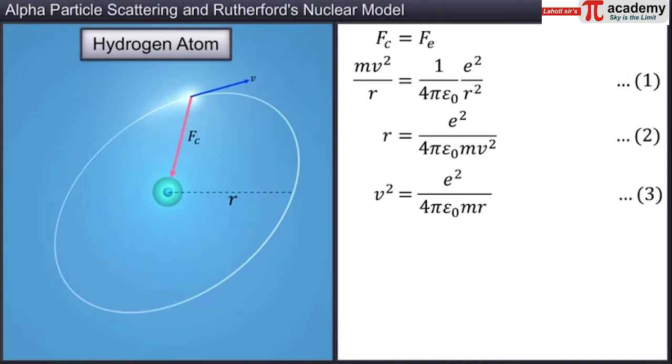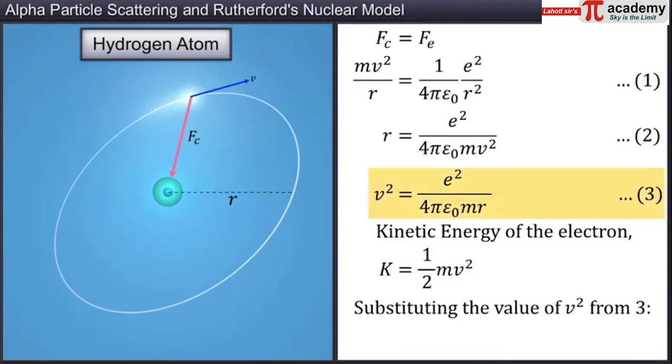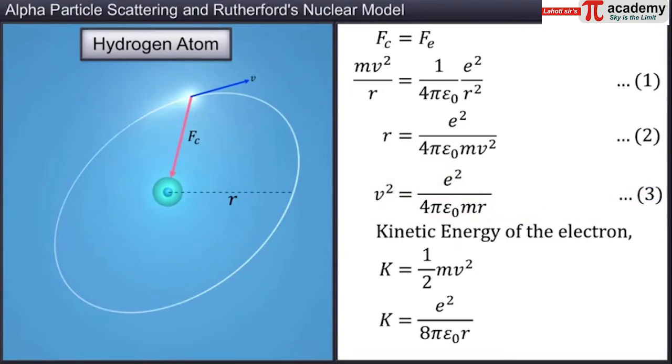Let this be equation 3. The kinetic energy of the electron in the hydrogen atom is K and is equal to half m v square. Substituting v square in the expression for kinetic energy, we get K is equal to e square by 8 pi epsilon naught r. Let this be equation 4.